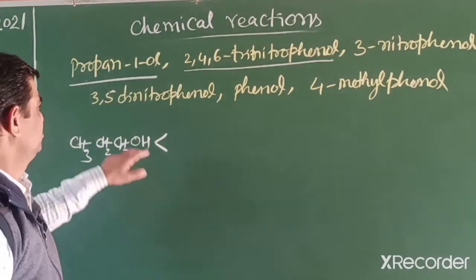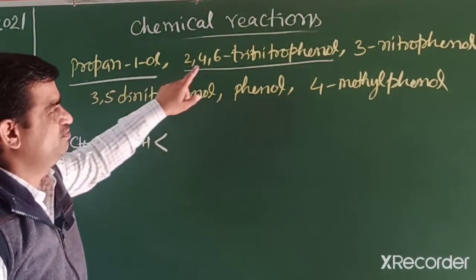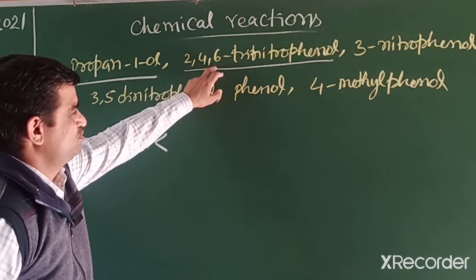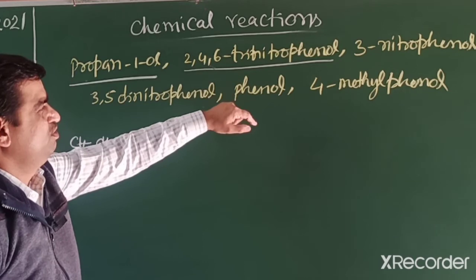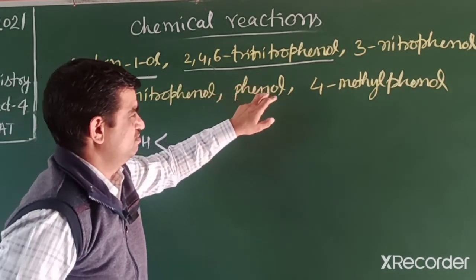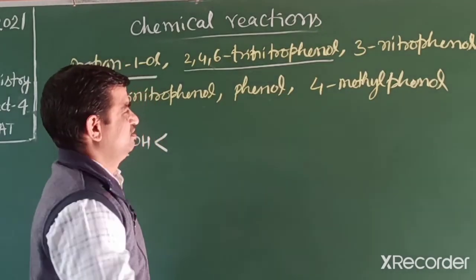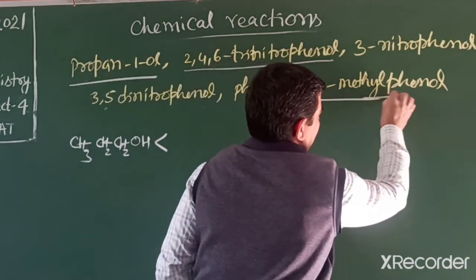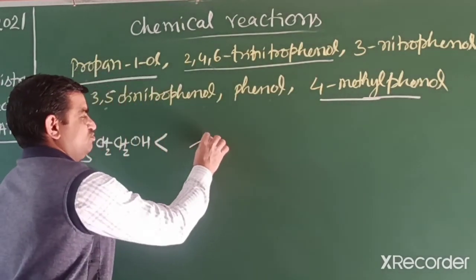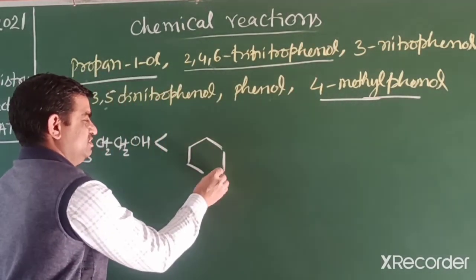Then we look for two withdrawing groups, then one withdrawing group. Then phenol and 4-methylphenol. In 4-methylphenol, what happened? A donating group, and a donating group decreases the acidity.